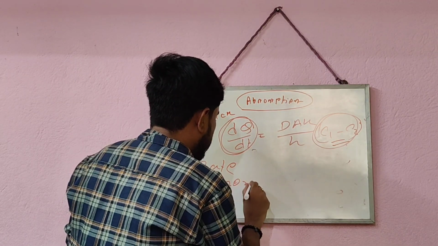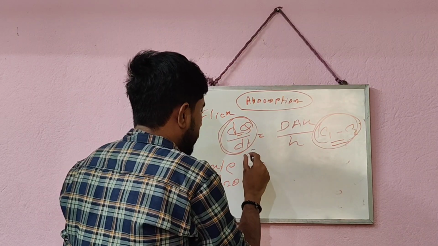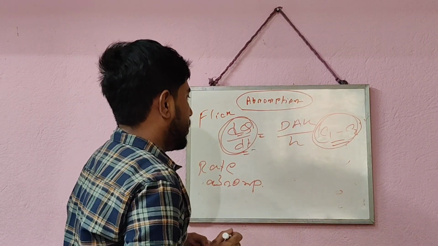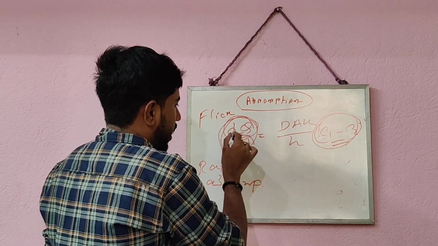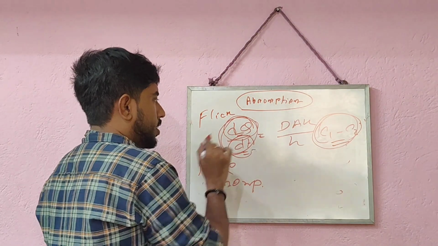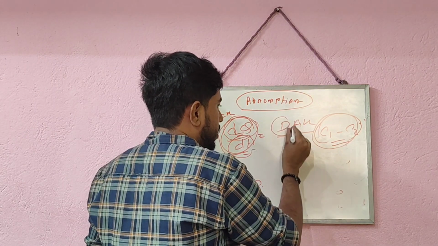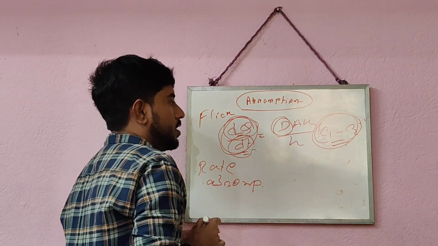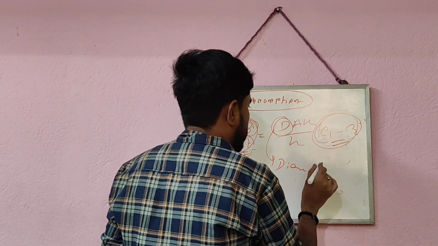We know what rate is. Rate means the amount of drug that is absorbed in our body per second. So per unit time, how much drug is absorbed, that is called the absorption rate, and that is denoted by dQ/dt. And h is the thickness of that membrane, how thick it is.